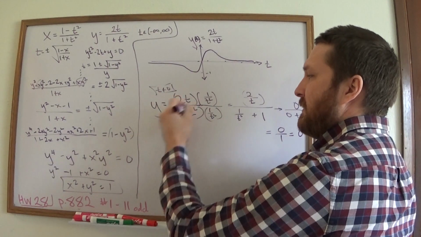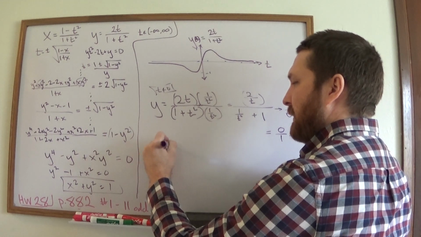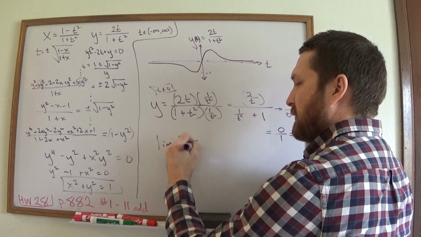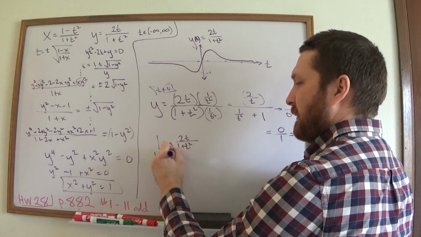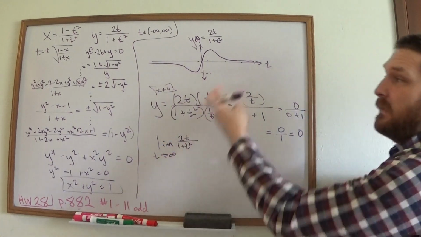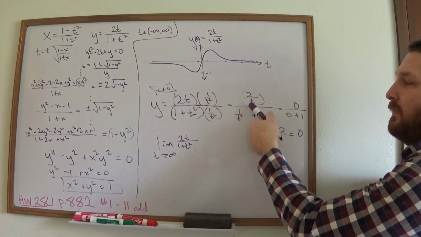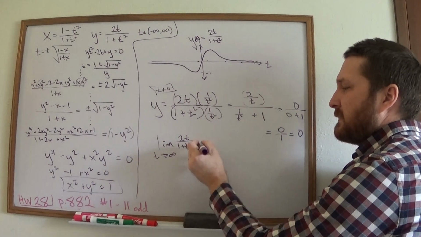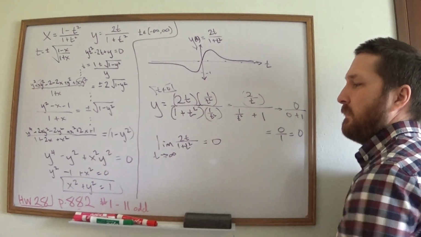So we would say that the limit of this function, 2t over 1 plus t squared, as t goes to infinity, or negative infinity, because of the square, it's negative, but it's still going to 0. This still happens, but it's neither here nor there, is 0.